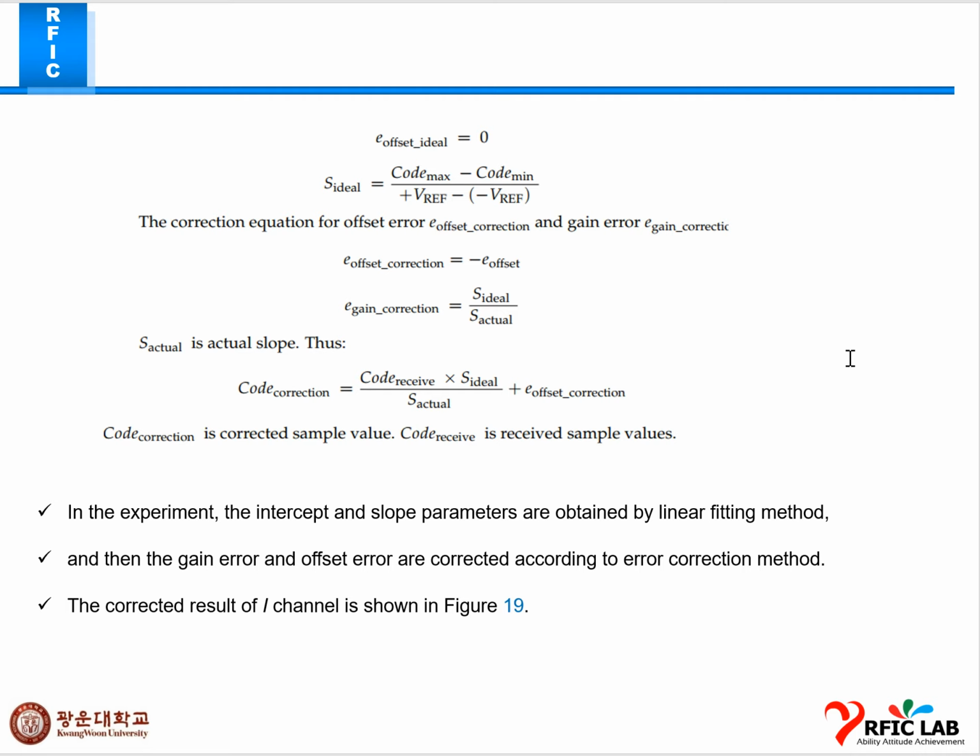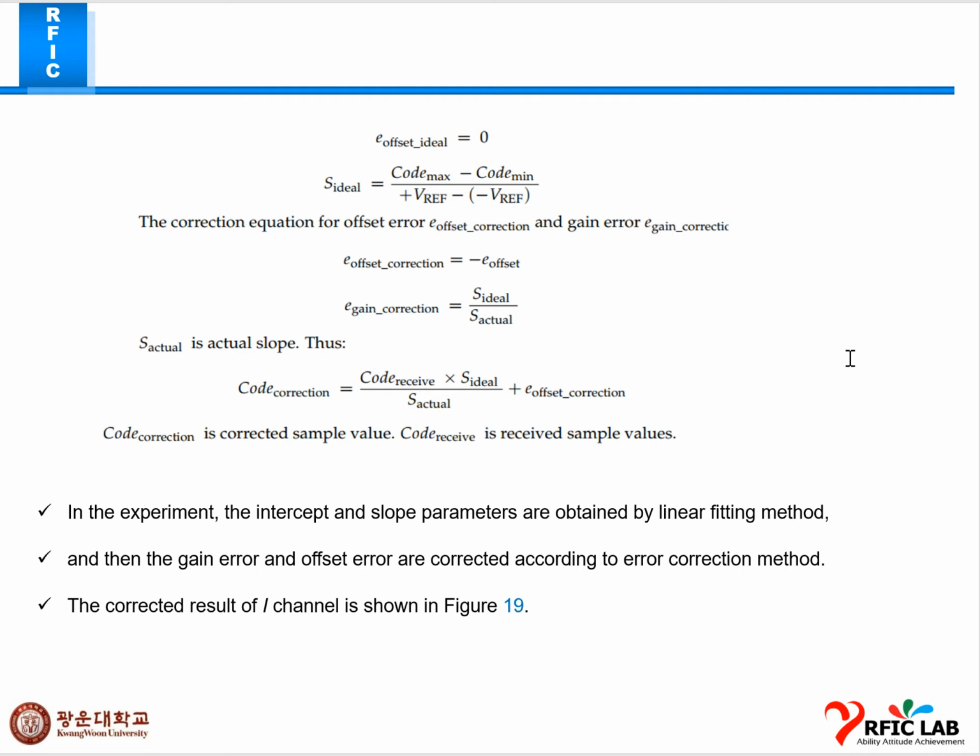This is the formula for finding S ideal. When you have S actual, you find the corrected code, which is the code received times S ideal upon S actual, plus the E offset correction.